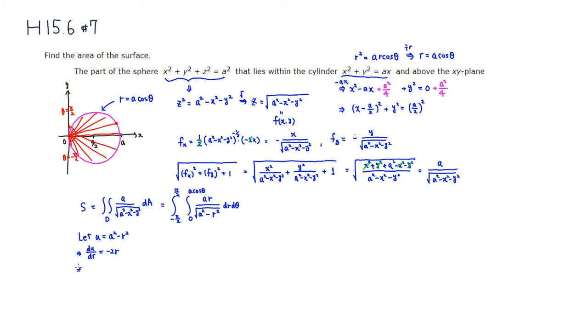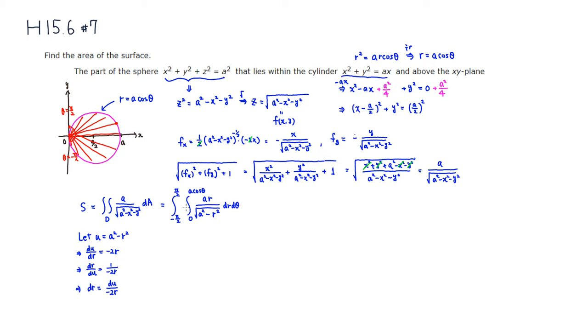Then take the reciprocal of both sides, so dr over du is equal to 1 over negative 2r. Then we can multiply through by du, so we have dr is equal to du over negative 2r.